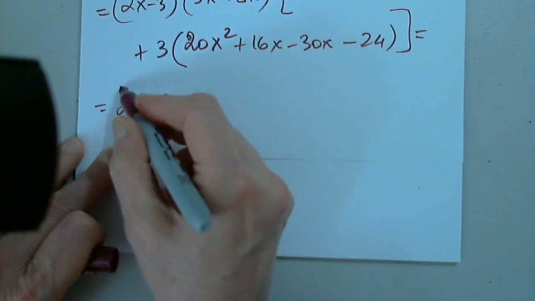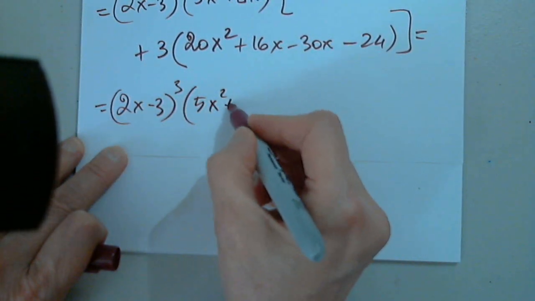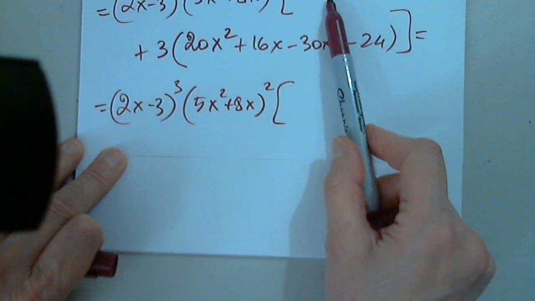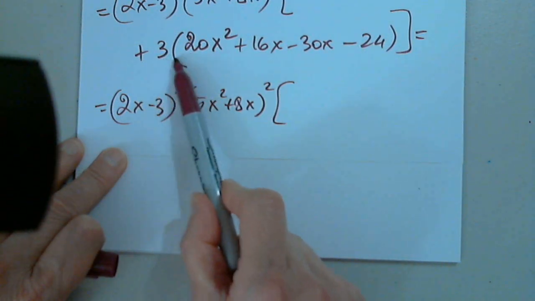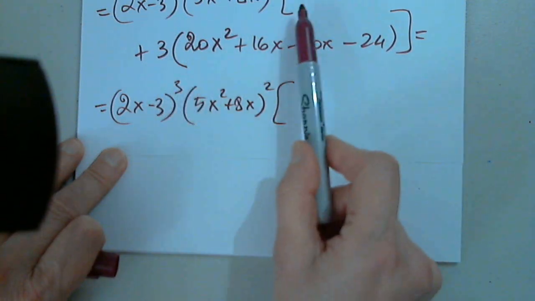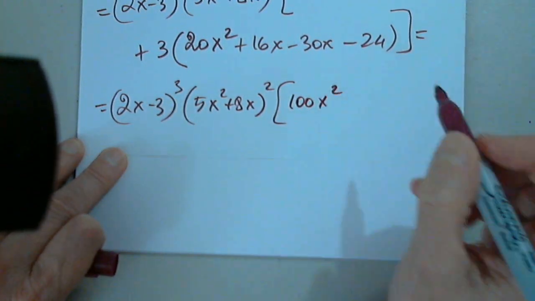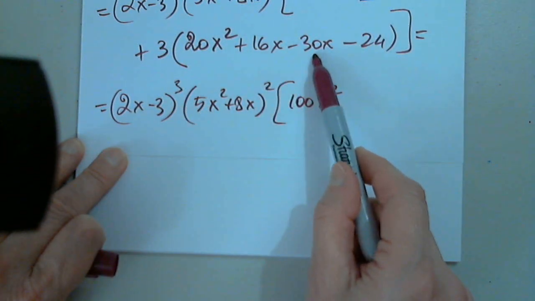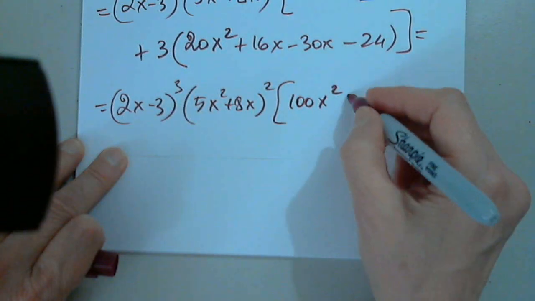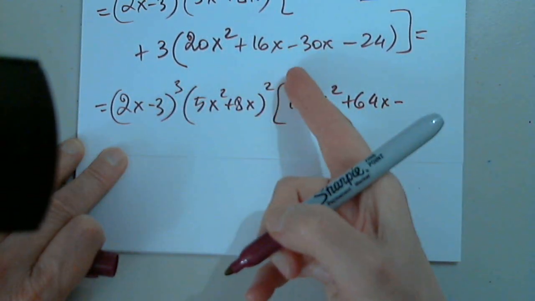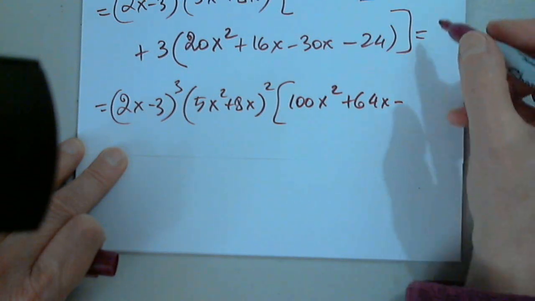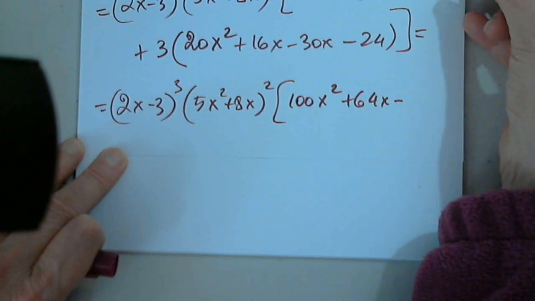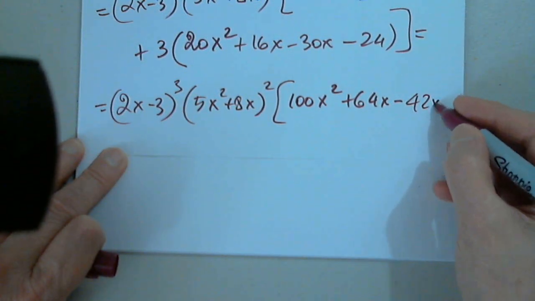So 2x minus 3 to the third, 5x squared plus 8x squared, and then I have 40x squared plus 60, 3 times 20, 60 plus 40, 100x squared. Then I have a 64, and this is negative 14 times 3. So 64 minus 14 times 3. So 14 times 3, I have 52. No, 42. So minus 42x.